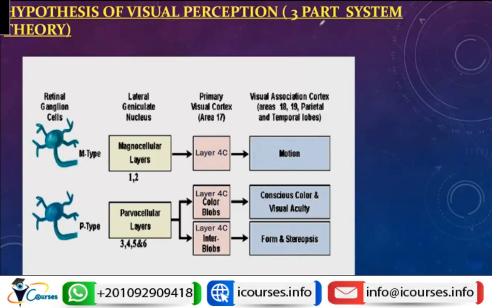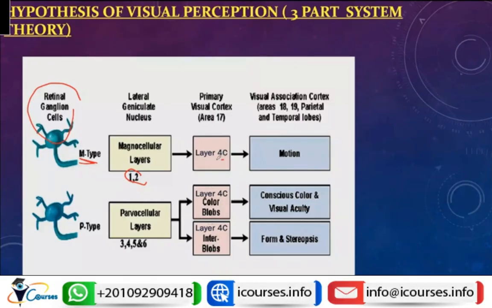Finally, there is the hypothesis of visual perception. This is called the three-part system theory. It is the hypothesis that we can see by three parallel systems that are all integrated in the brain. The first system is through the retinal ganglion cells, which are the M type cells, which pass the impulse into the magnocellular layers 1 and 2 of the lateral geniculate body.